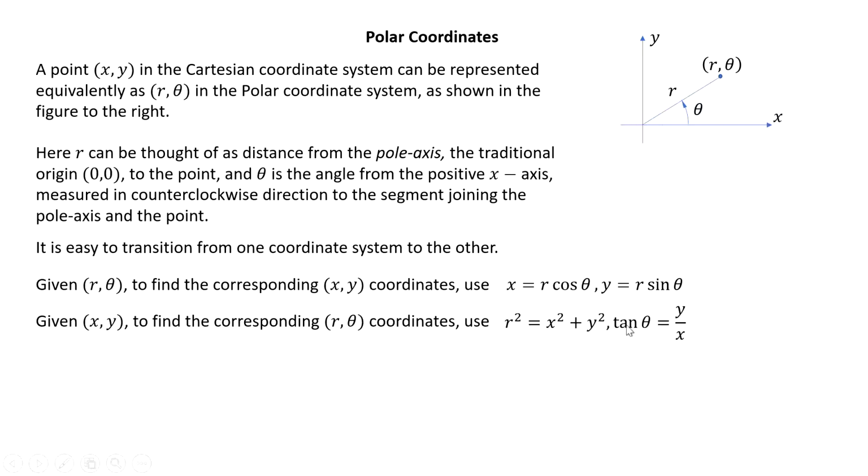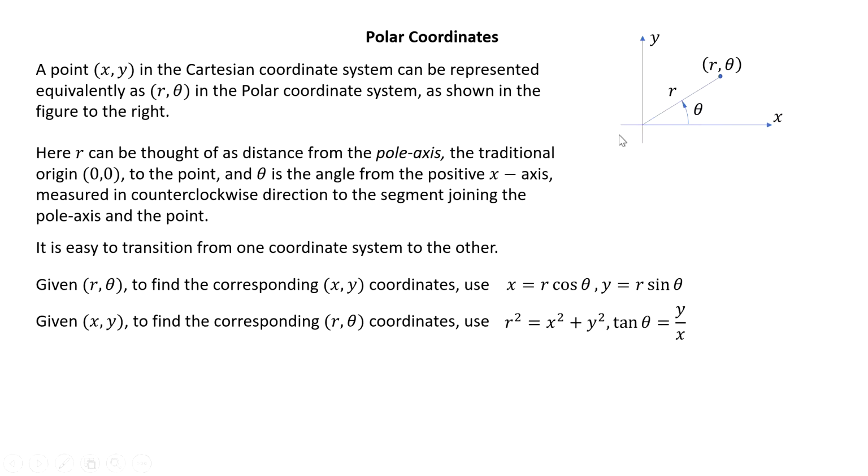Also, I'm not saying theta is tan inverse of y over x, and instead saying tangent theta equals y over x. That's because when we say theta is tan inverse of y over x, tan inverse will put you only in the fourth or the first quadrants. Tan inverse of a number must be either in the fourth quadrant or in the first quadrant.